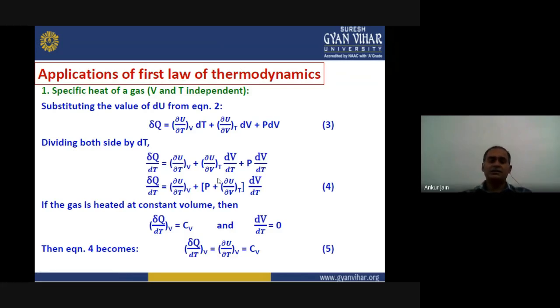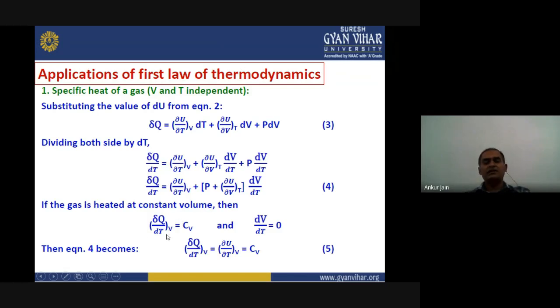Now, there are two cases: one is if the gas is heated at constant volume, and second is if the gas is heated at constant pressure. So first let us assume that the gas is being heated at constant volume. How to define that? Del Q upon del T at constant volume is already defined as Cv. Yes, in the last lecture we have seen that specific heat at constant volume is given by the heat change per unit temperature change, right?